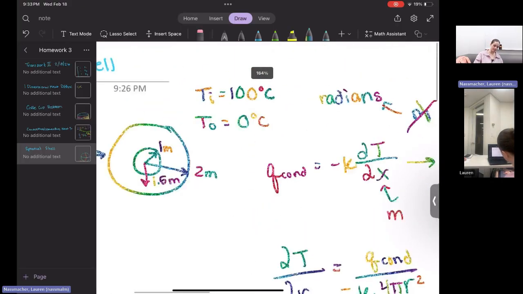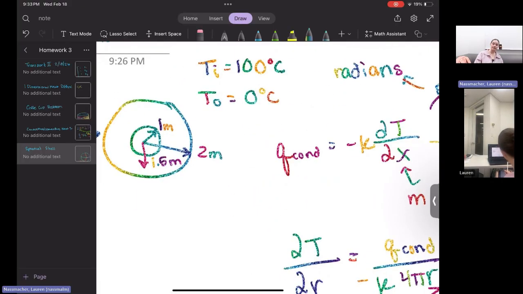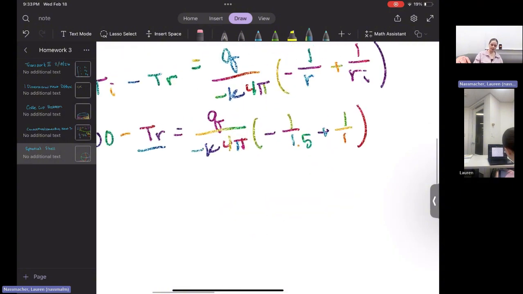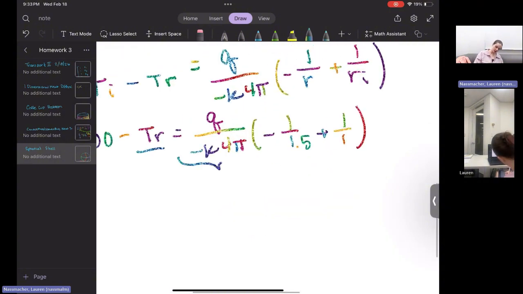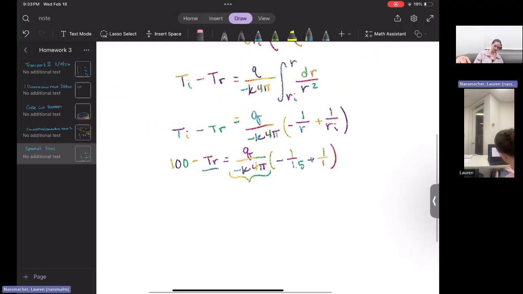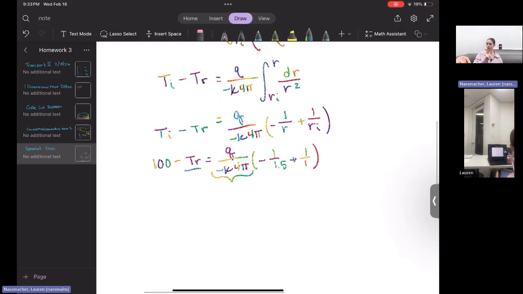Well, we are given the temperature at the outer radius, and that is very important because we can use that to determine the general number for these variables. You won't know the specific heat conduction or the specific thermal conductivity, but you can find the general number for this entire part of the equation.